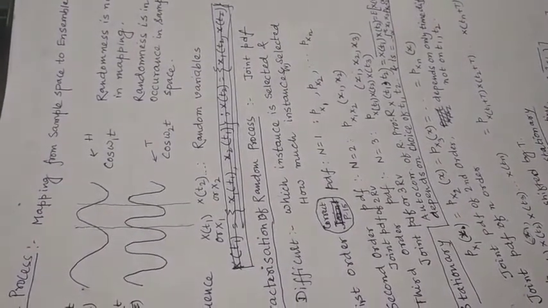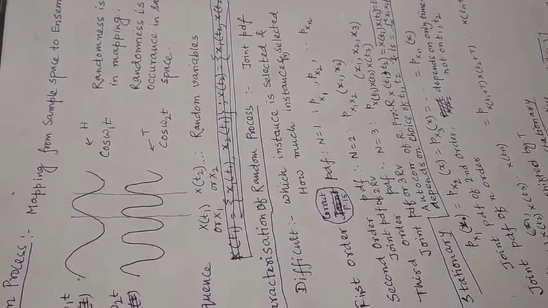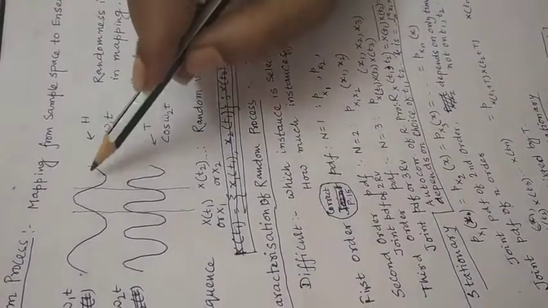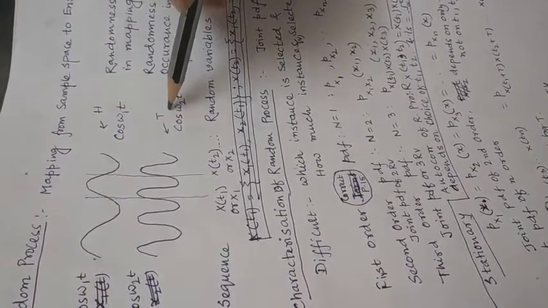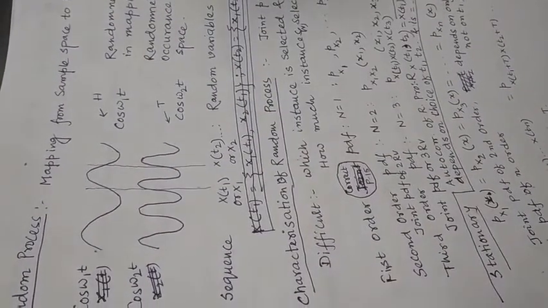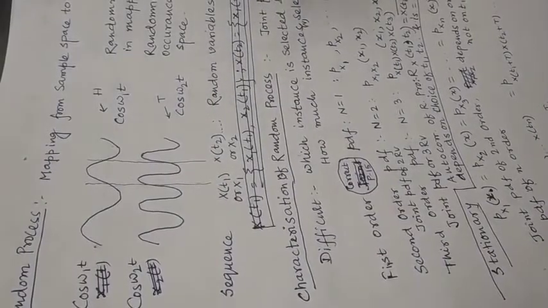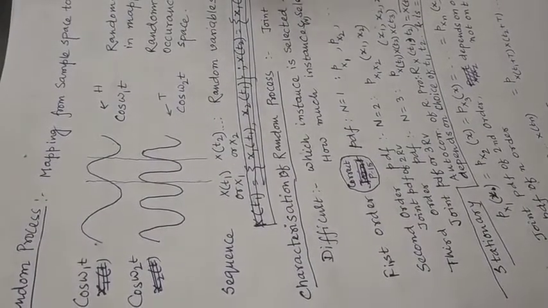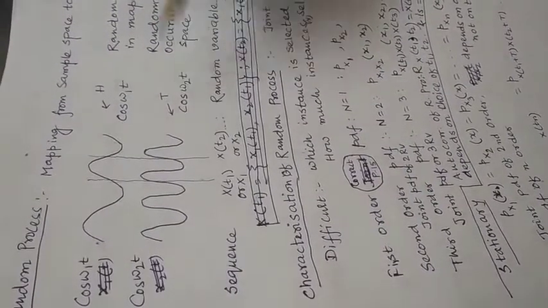But it may happen that you map head to one waveform, cos omega 1t, and tail, for example, to another sinusoidal signal, cos omega 2t. That means if you toss a coin, it will be head or tail.